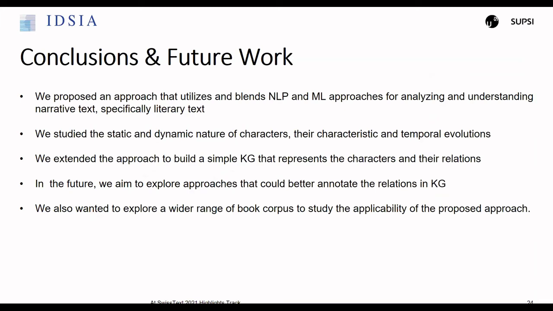And we also extended the approach to build a simple knowledge graph. And of course, in future, the first step is to improve the representation of the knowledge graph, especially the edge descriptors, where we also think the frequency approach is naive. We want to consider some other generalized approaches, which we are working on.